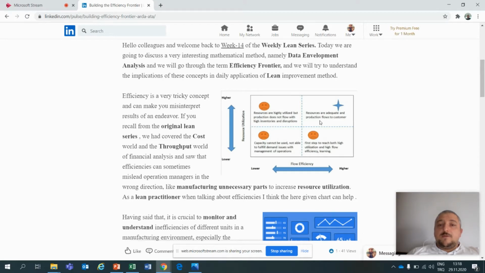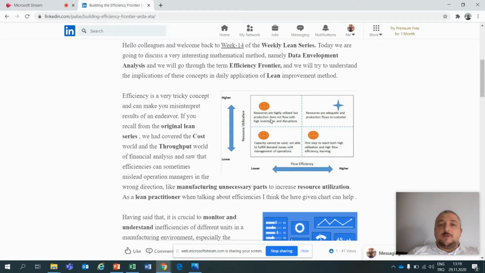And in this kind of environment, we want to focus on efficiencies to understand whether we are using the resources without much waste. So we want to think of the efficiency concept in this fashion, not the other way around. Just because you have some resources, trying to utilize them does not mean efficiency.